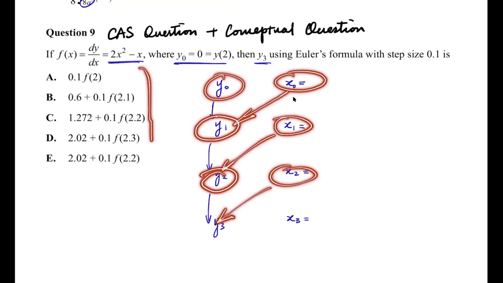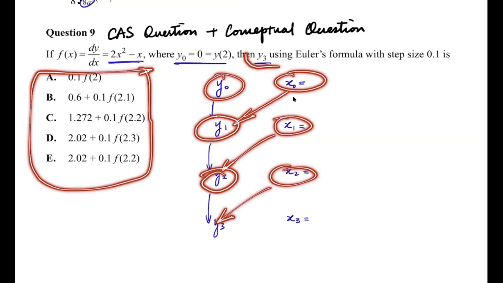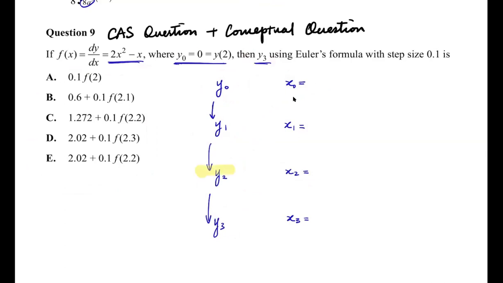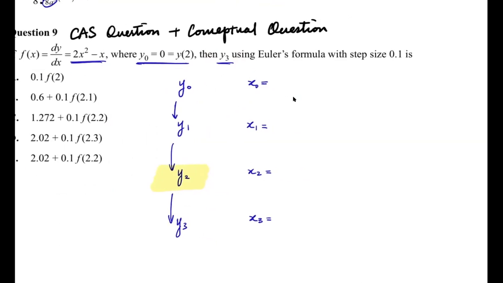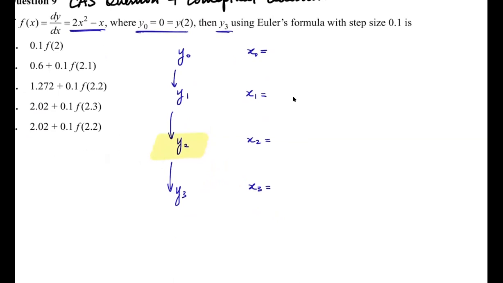If you are looking at these options, they don't provide you an explicit definitive answer. It's just a form of recurrence relation or iterative relation. To get y3, we need to figure out what y2 is. So the key to this question is figure out what y2 is. Now, with my TI Inspire, I'm able to do things like Euler.